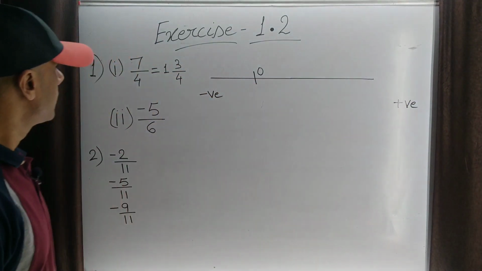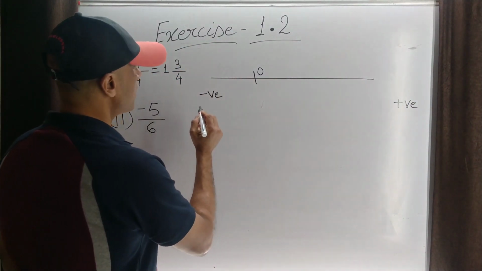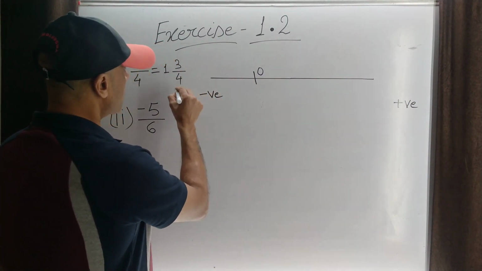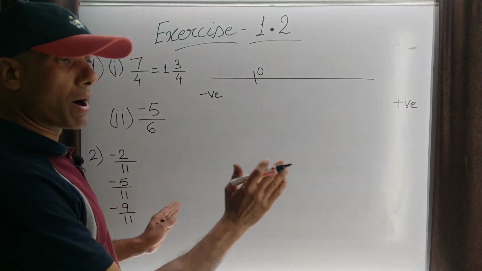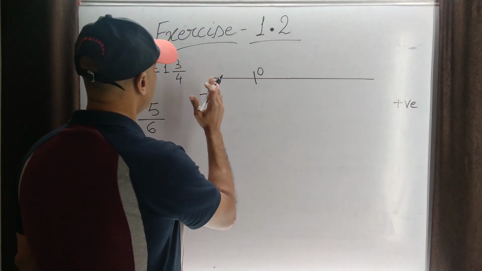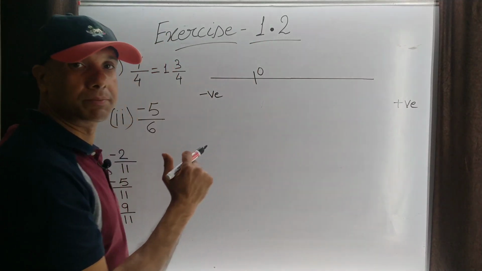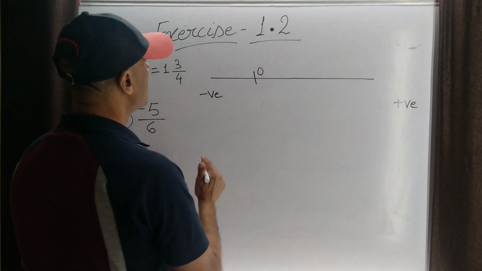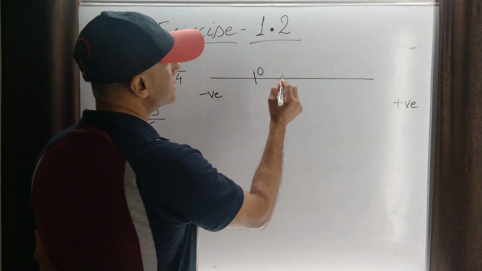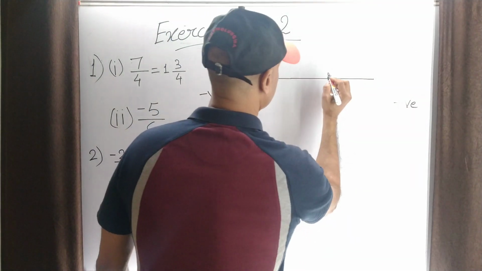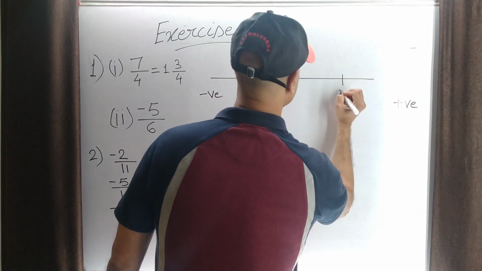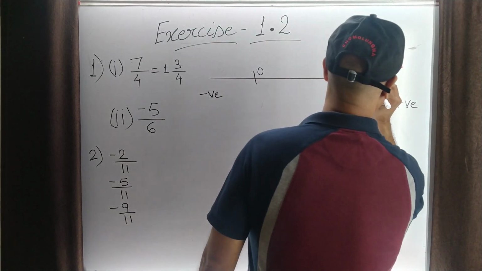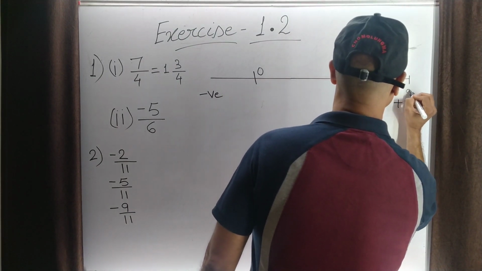As you go from here, what does this denominator indicate? It is the part of which the numerator is being taken, right? So we'll divide this number line here. We'll represent 1 here, and we'll extend a bit, or we'll represent 2 here.